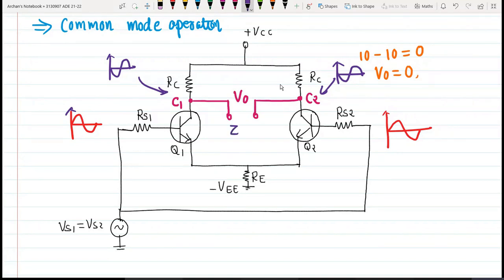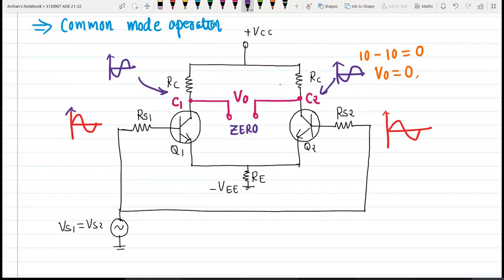So my output voltage will be equal to 0 in common mode operation, and this is what we require. We are greatly reducing or eliminating the effect of this common mode voltage. So this is how the differential amplifier is going to work.